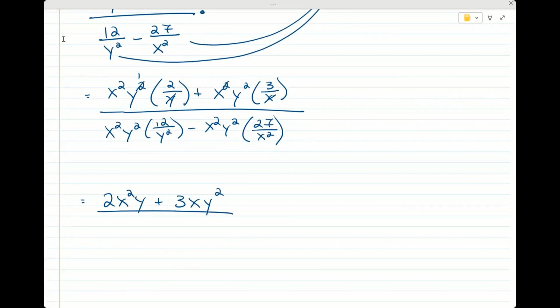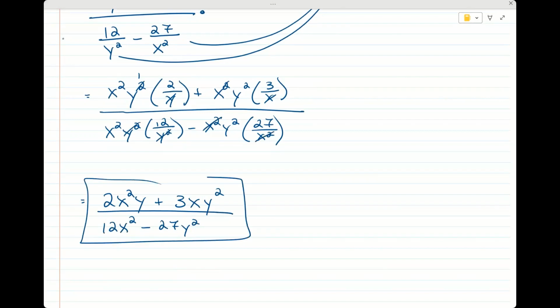And then there's no more fractions in the numerator. And in the denominator, the y squareds cancel. And we're left with 12x squared minus 27y to the second. And that would be your answer.